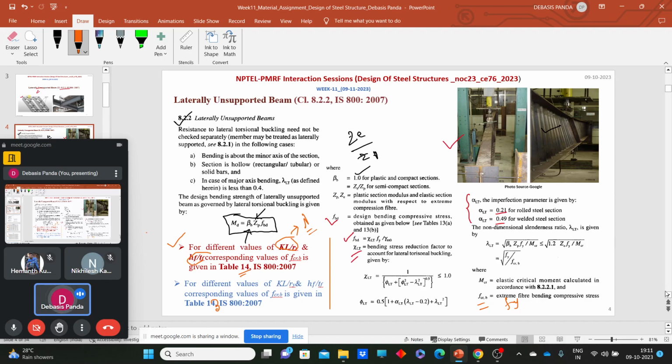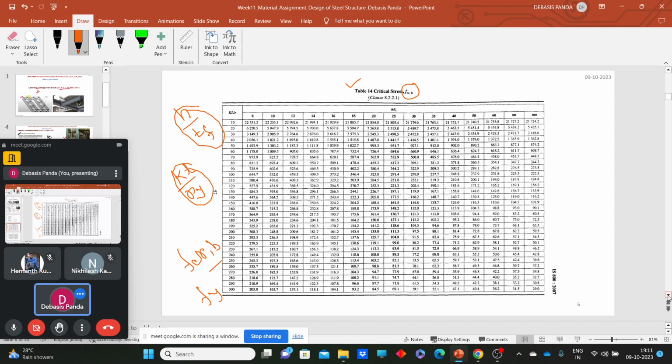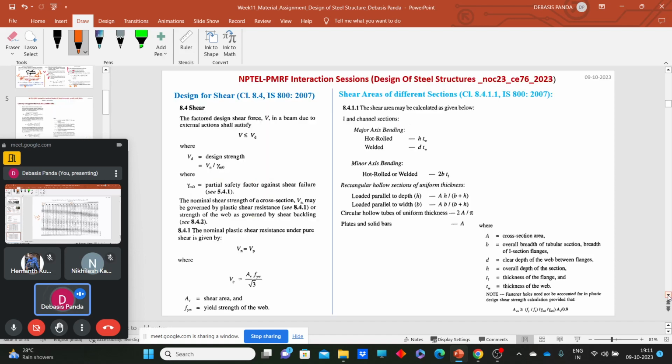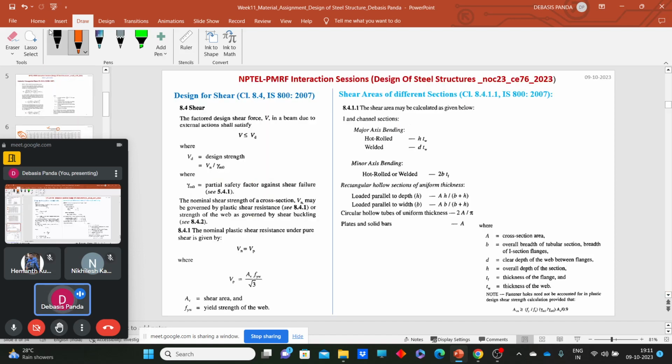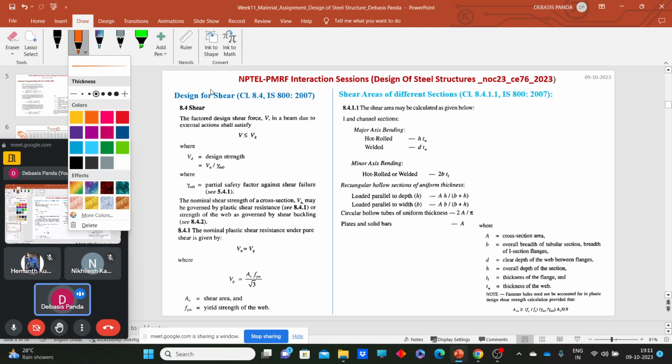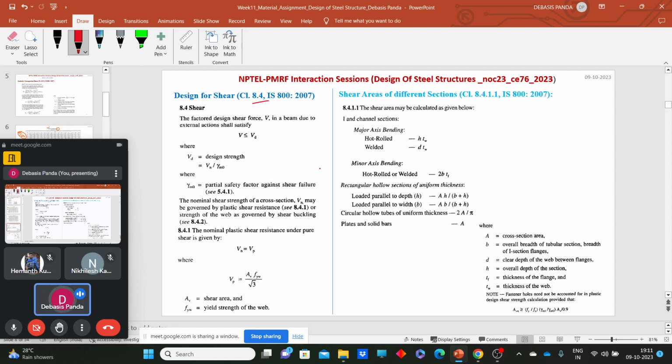Now, as usual, it's a beam section, so we need to check for the design shear capacity. Clause 8.4 of IS 800 tells about the shear capacity, and that clause says the induced maximum shear force should be less than or equal to the design shear capacity.